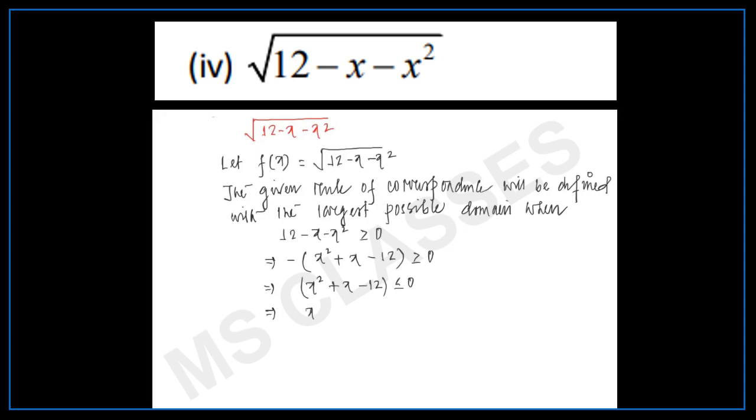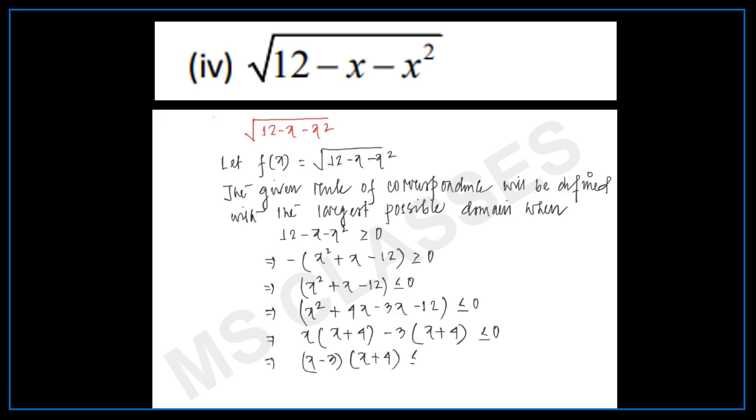This gives us, on splitting the middle term, x squared plus 4x minus 3x minus 12 less than or equal to 0. Here we take x common: x into x plus 4 minus 3 into x plus 4 less than or equal to 0. Now here x minus 3 into x plus 4 less than or equal to 0.